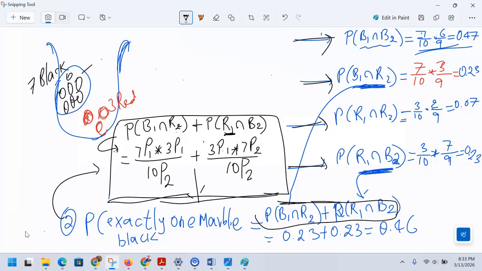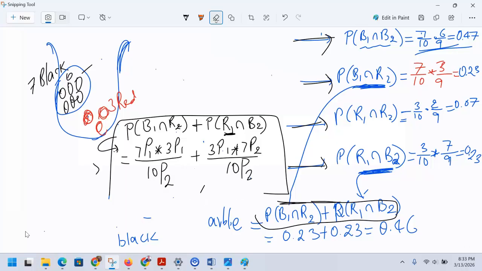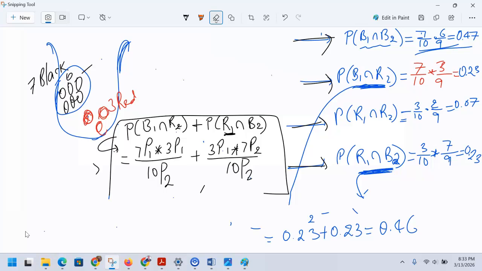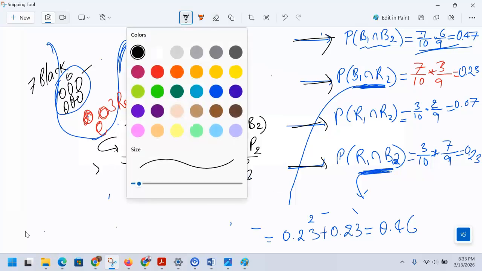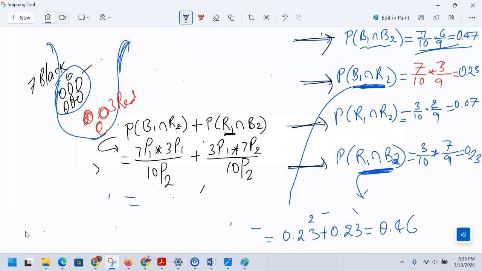But eventually, this basically means it is 7P1. If I have nPr, nP1 is always n, because if you are picking one, there will be n ways. So this is the direct answer.